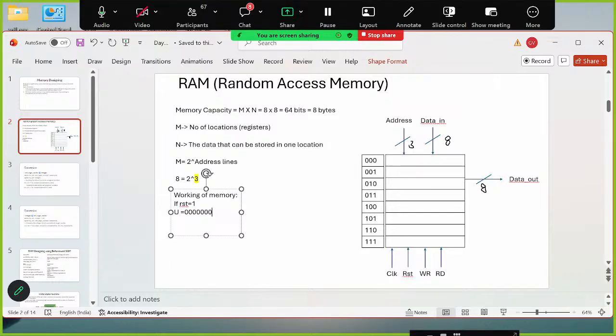Let's say this variable is of this type, that is, all locations will get this 8-bit value initially. Let's say I am saying that it is a memory variable.